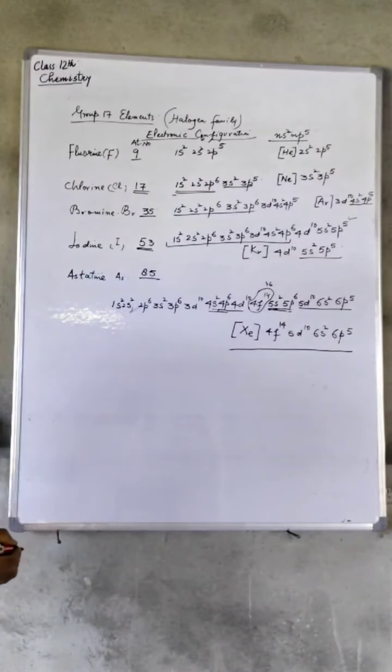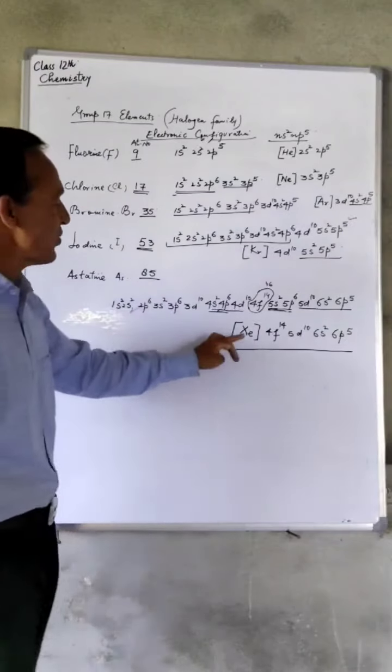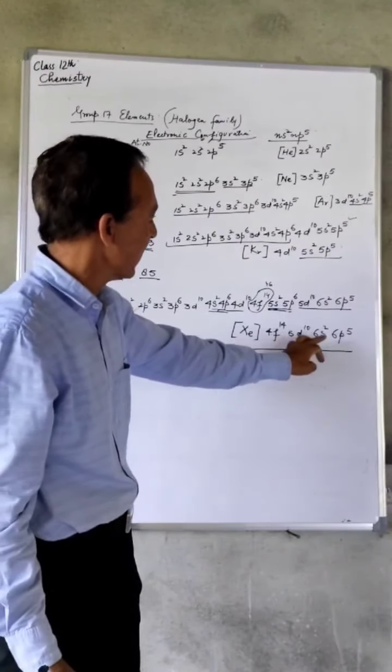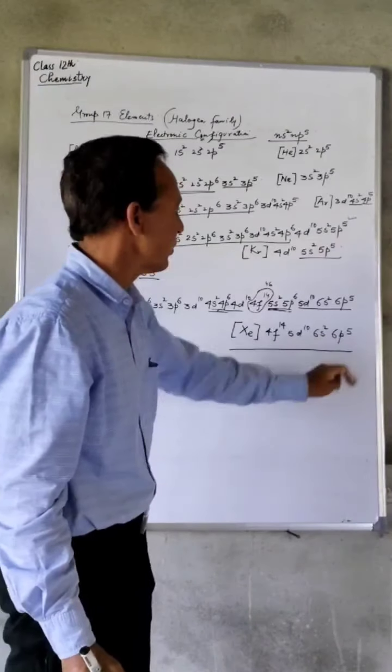This is the electronic configuration of astatine: xenon 54, then 68, 78, 80 and 85.